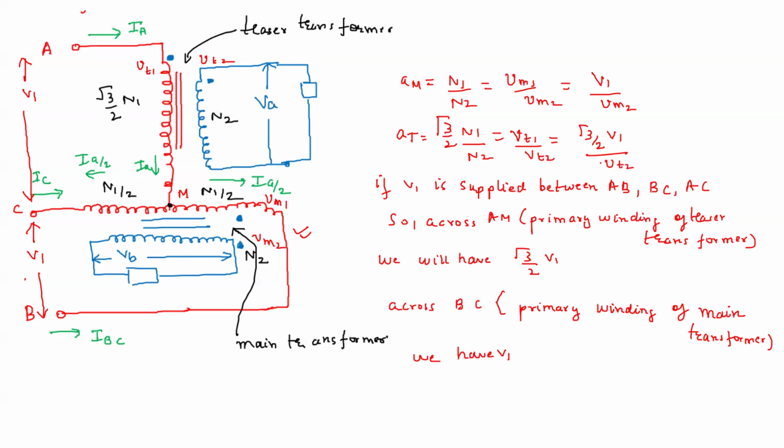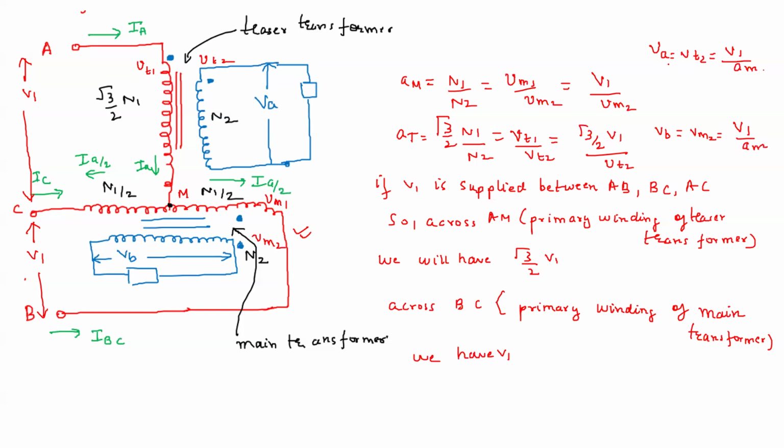If you cross multiply, you will see that across VA or VM2 or VT2, you get V1 by AM. And similarly across VB or VM2, you get V1 by AM.